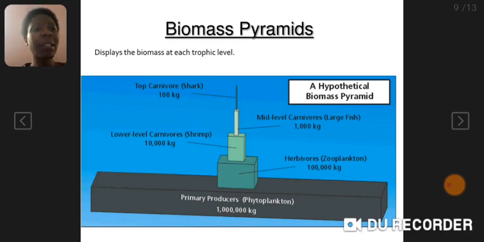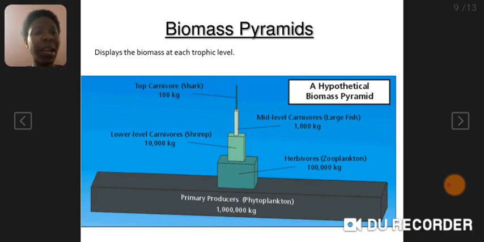Now that also is a pyramid. That shape there is a pyramid. It's a diagram showing you all these things.